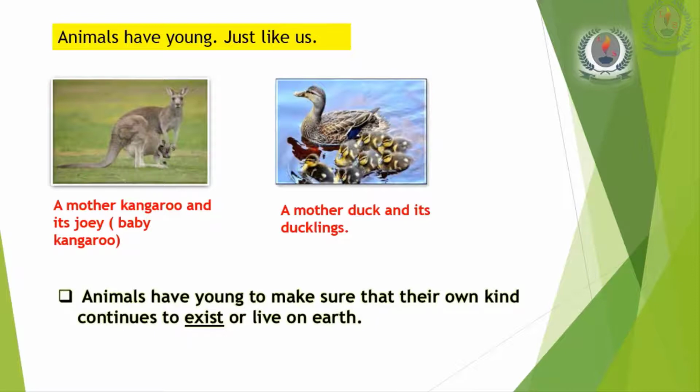Animals have young to make sure that their own kind continues to exist or live on earth. Animals have young for what, children? To make sure that their own kind continues to exist or live on earth.